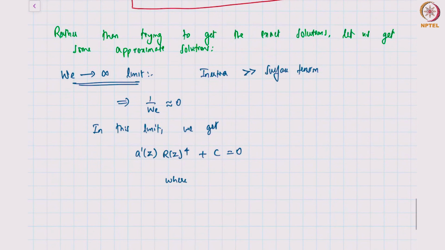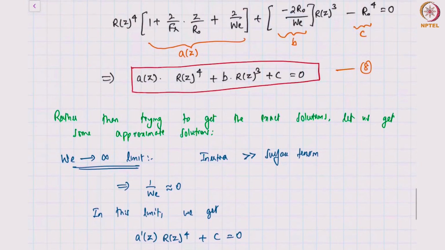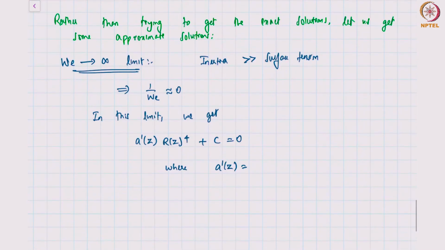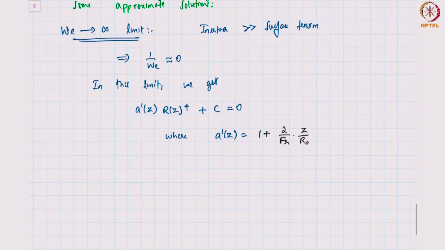I call it A prime of Z because A prime is different from A of Z in that the Weber number term disappears. So A prime would be 1 plus 2 by Froude number times Z by R naught.